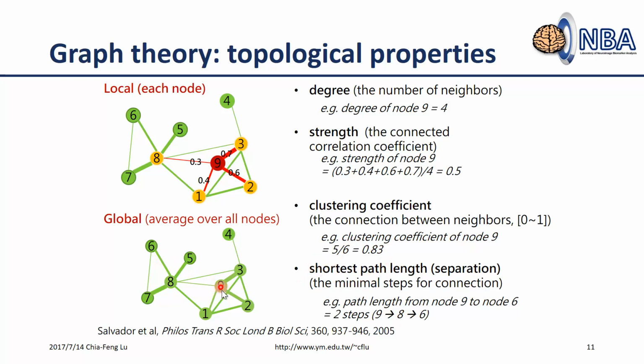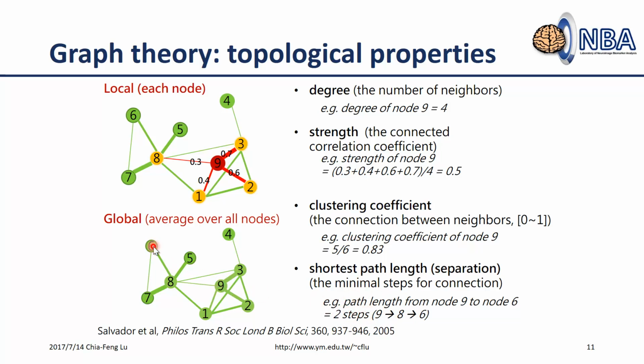Of course, it's 2, because you can go to 8, and then the shortest way is directly to 6. Of course, you can go to 8, then 7, then 6. You can take 3 steps. However, the separation aims for the shortest path length. So here the separation is 2. You only take 2 steps to node 6.